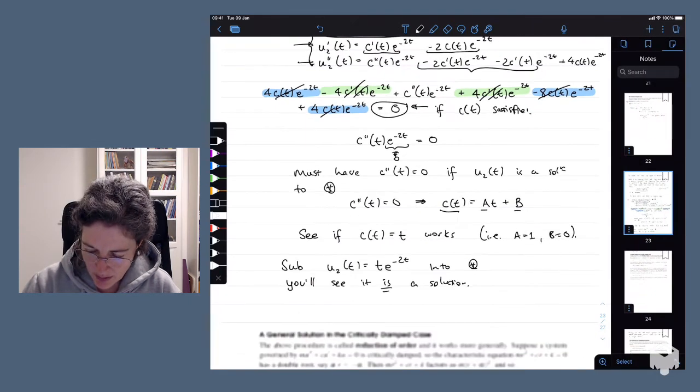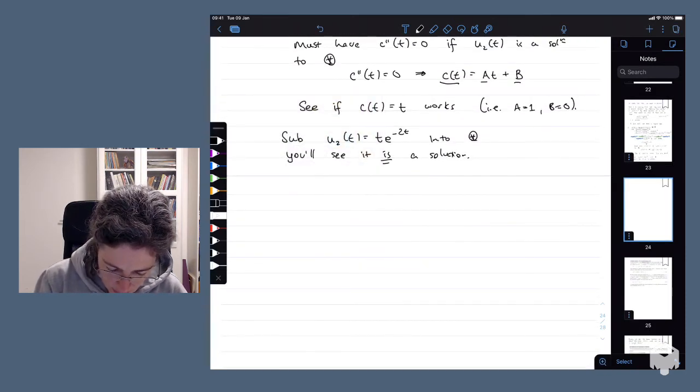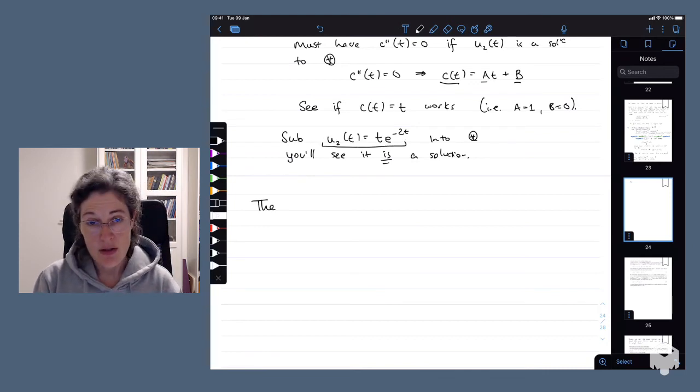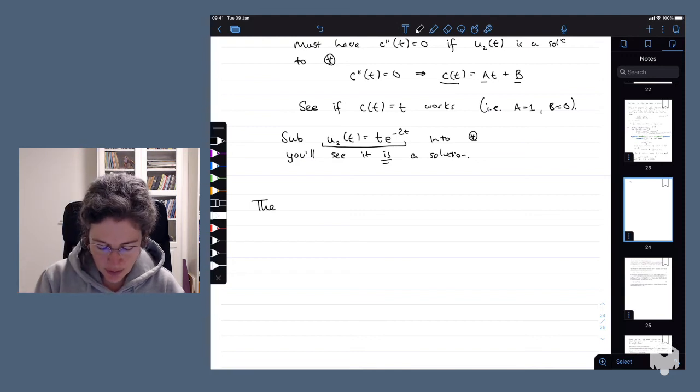So we've actually done something pretty nifty here. Now we've found a function which is a solution to our original ordinary differential equation that is not of the same form as the first solution we found.